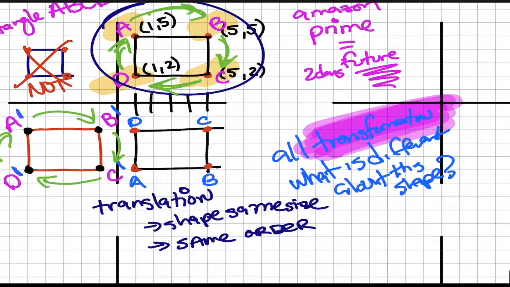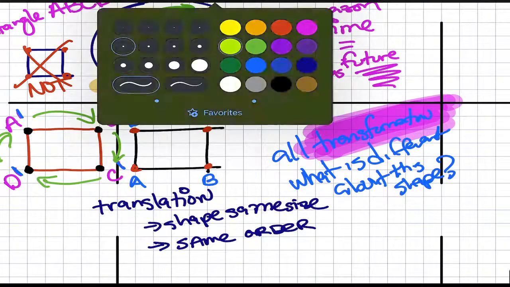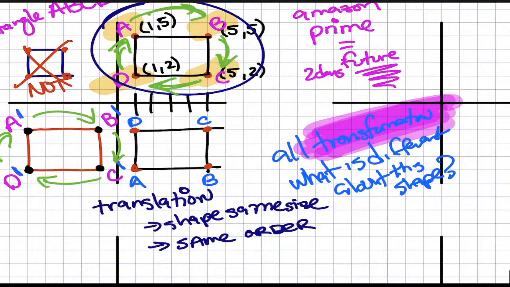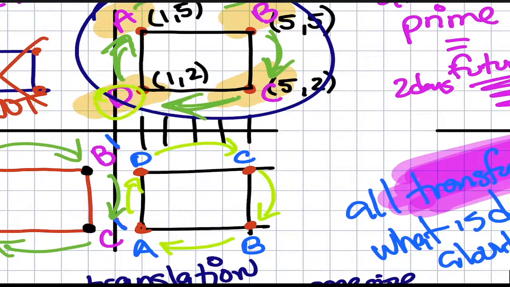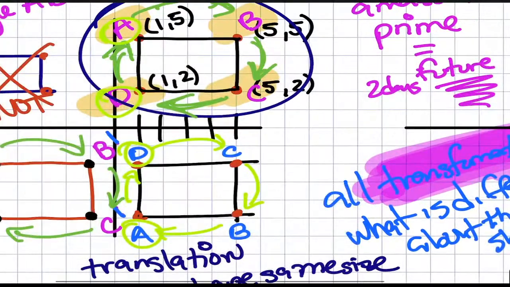Okay? Notice this one right here does not go in the same order. It goes from D to C to B to A and then back to D. This is not the same order because in this one we go from D to A, but in this one goes A to D. Notice this one goes A to B, but this one goes D to C. That is not the same order.